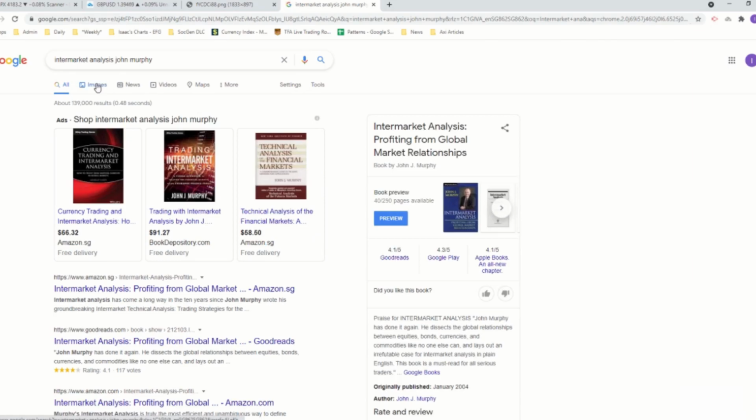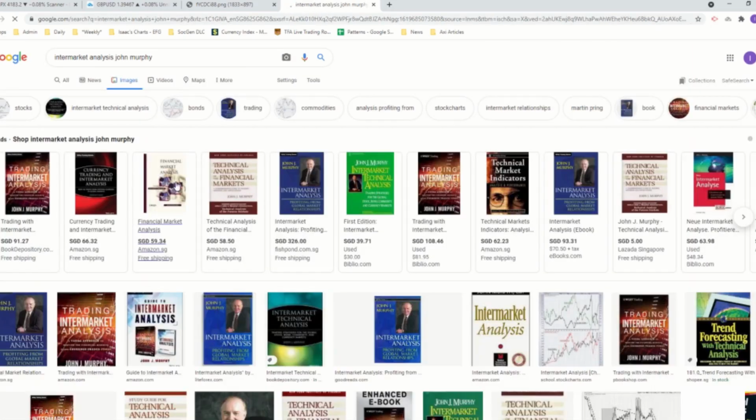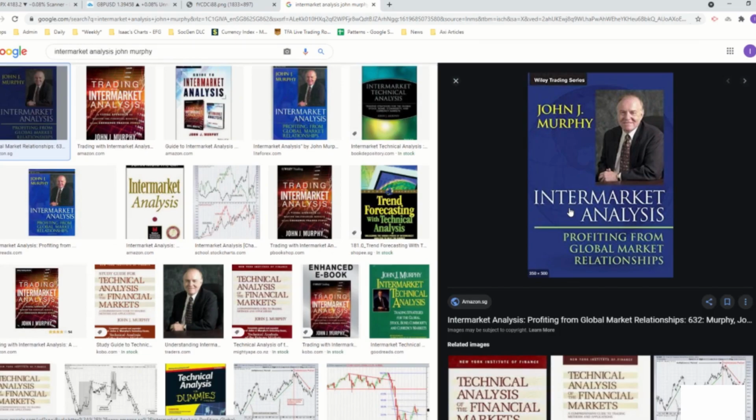He is so-called the father of modern day market cross assets correlation. Very interesting book. If you guys really want to take a deep dive into intermarket cross assets correlation, this guy is the one who wrote that book. But I'm not here to promote his book. I'm just here to help you guys understand correlation.